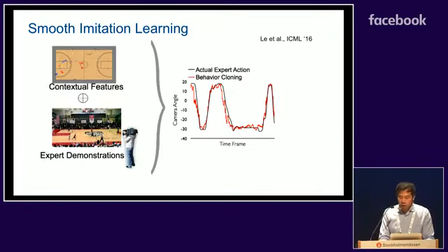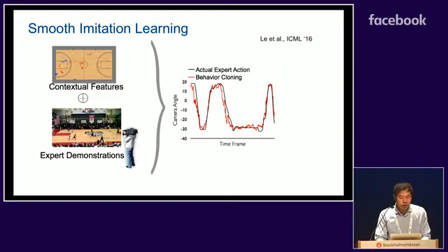So now, if we just use behavior cloning to imitate the expert, we see from the plot of the test time actions that the imitation accuracy on average is actually quite good. But this is nowhere near acceptable for our purpose because the sequence of actions is extremely noisy.